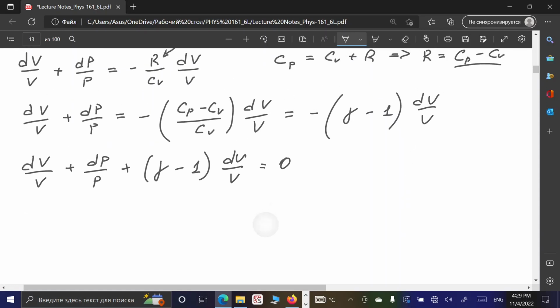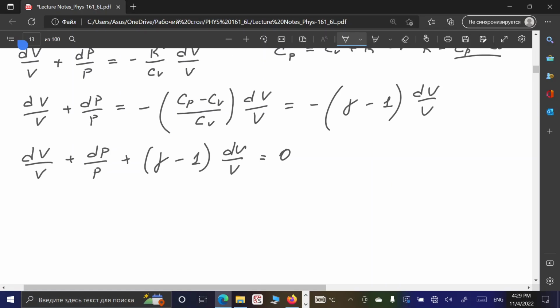So now we can cancel out this and this. And eventually we get dP over P plus gamma times dV over V. And that is equal to 0. So this is our differential equation we were looking for.